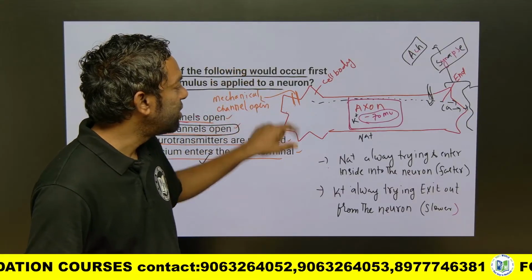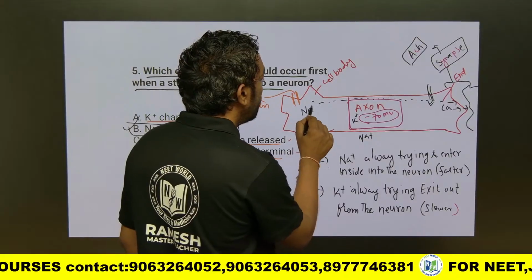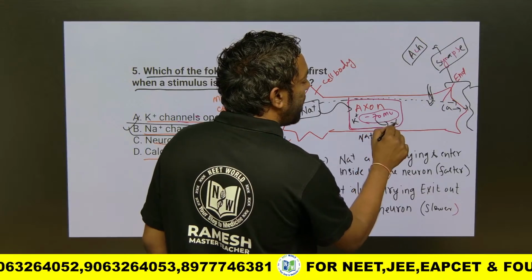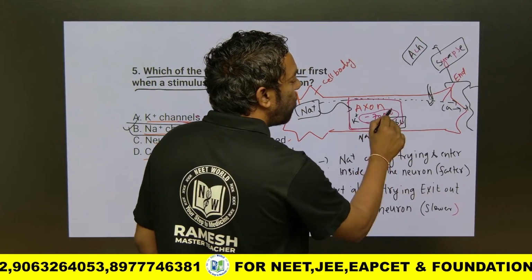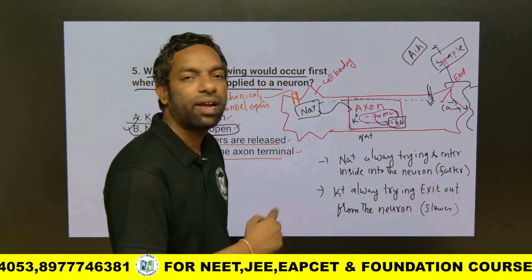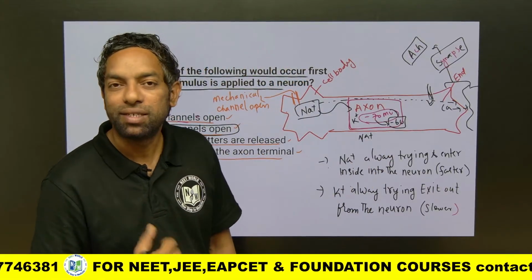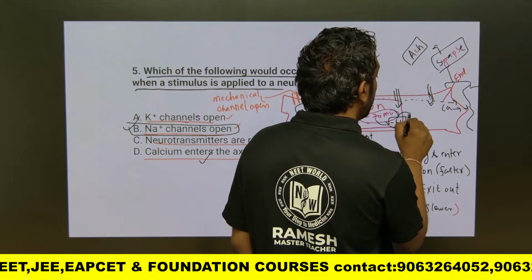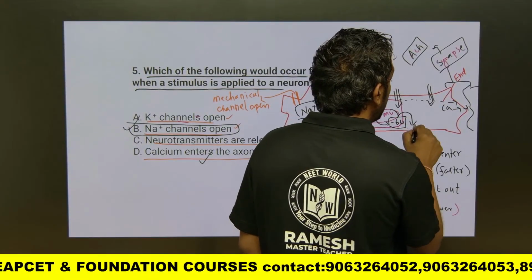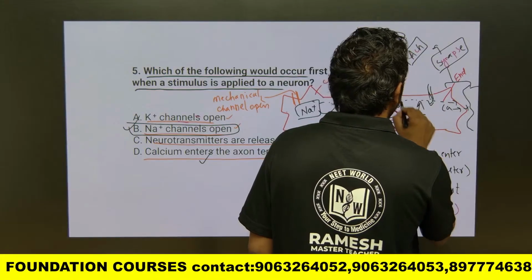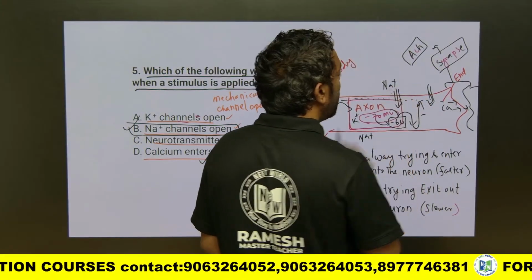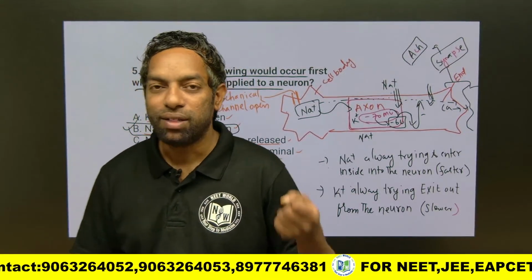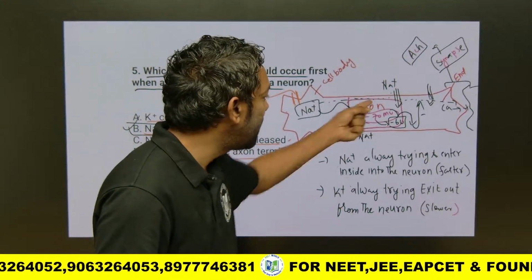Sodium, a plus ion, enters, and the minus 70 decreases to minus 60. There is a voltage change, and then the voltage gated channel, the electrical gated channel, opens, leading to plus 30, meaning more sodium ions enter. Then the leakage channel opens and huge amounts of sodium ions enter this area.